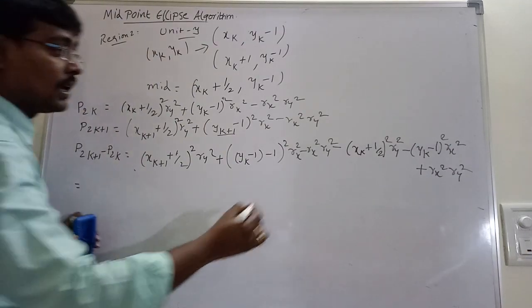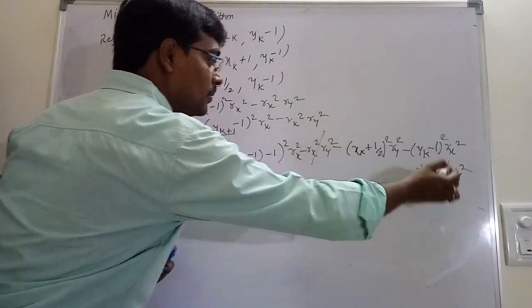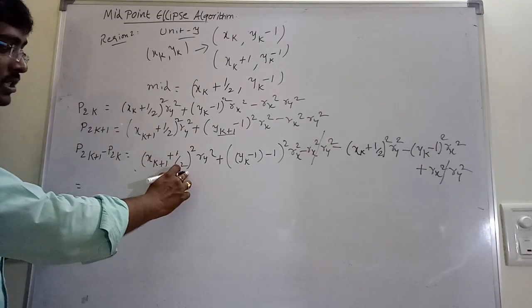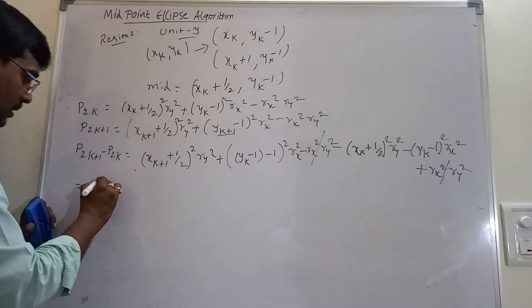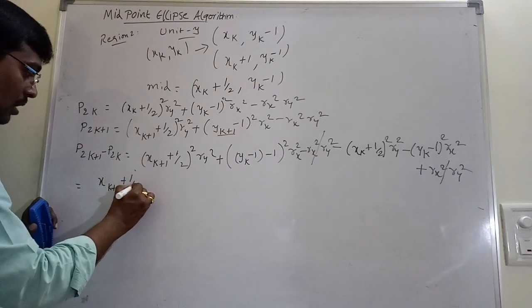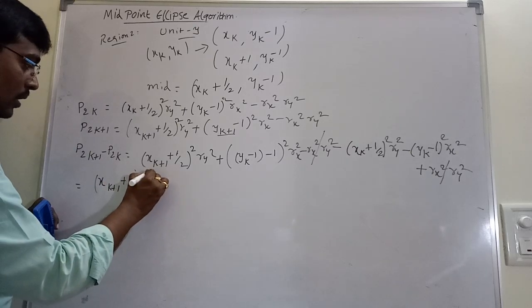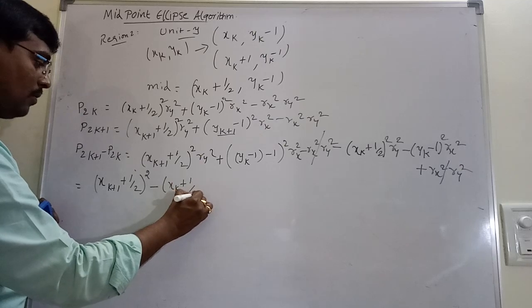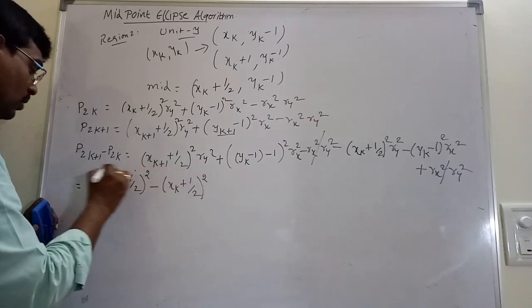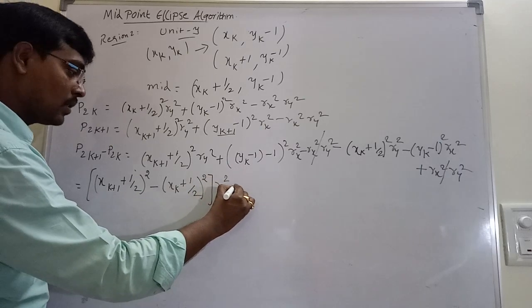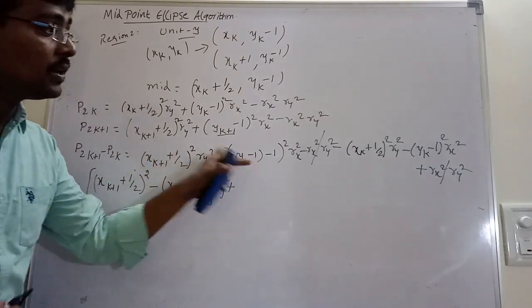That means cancel these two terms. Observe common terms: (xk plus 1 plus half) whole square minus (xk plus half) whole square into ry square, plus simplify this term.